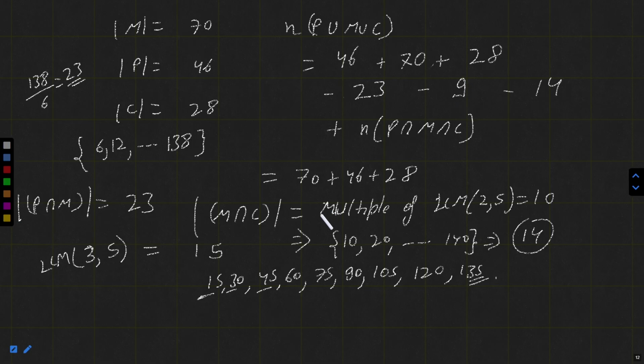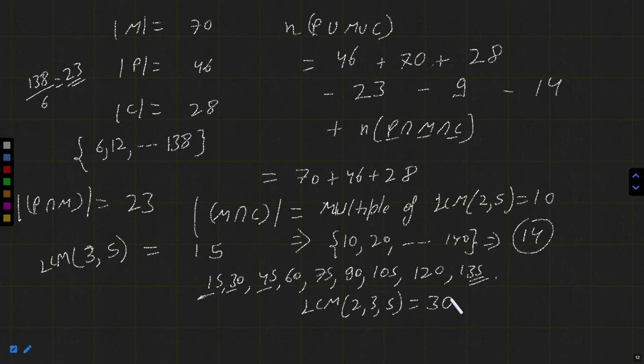Easy. We all know this much. And now the students who opted for P, M and C will be the multiples of the LCM of 2, 3 and 5. What will it be? It is 30.